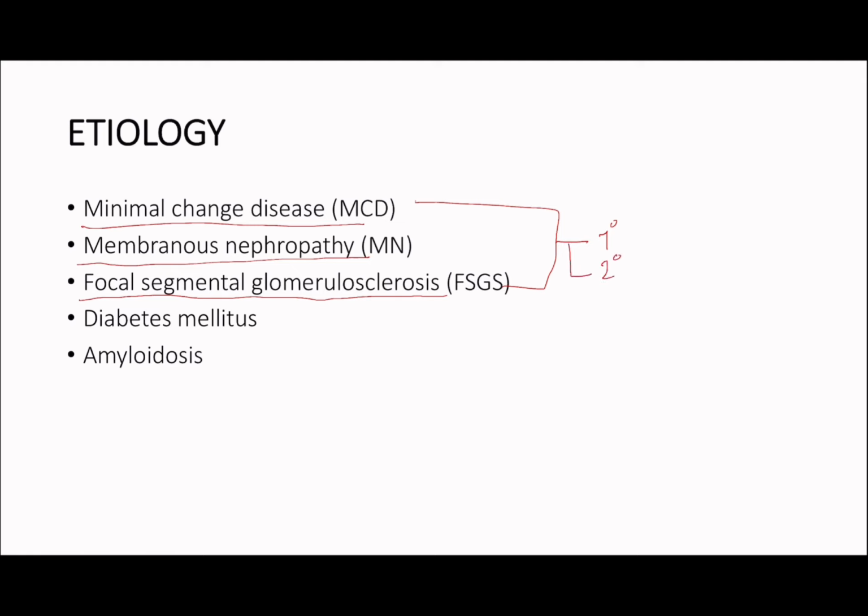For example, membranous nephropathy can be either primary or idiopathic, but it also can be secondary to a disease such as systemic lupus erythematosus. Finally, there are two systemic diseases, diabetes mellitus and amyloidosis, that can cause nephrotic syndrome and produce unique findings on kidney biopsy that do not fit into one of these three patterns.